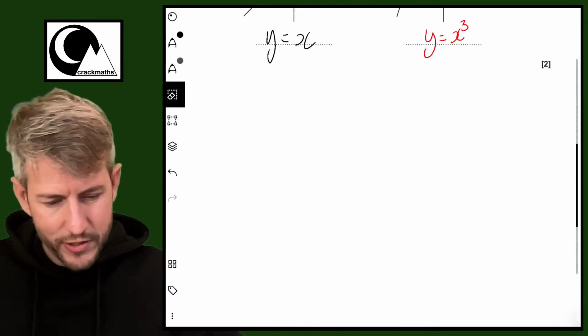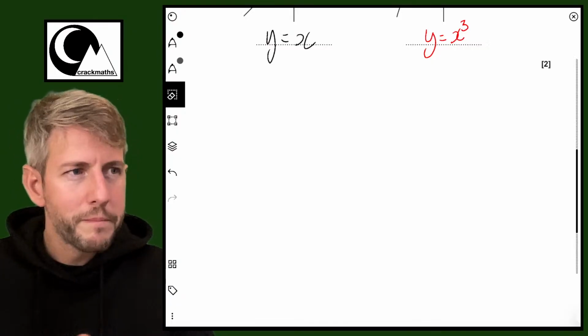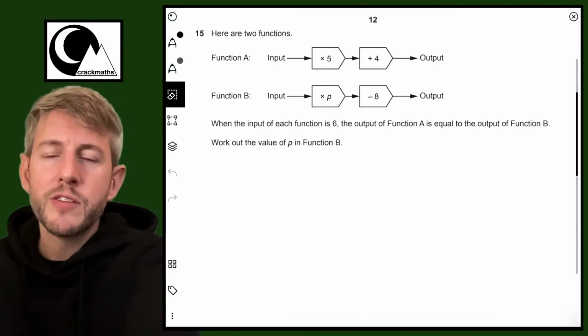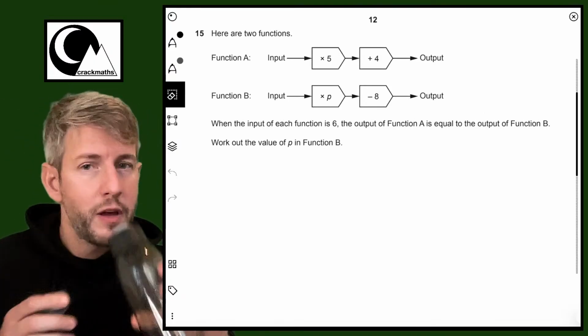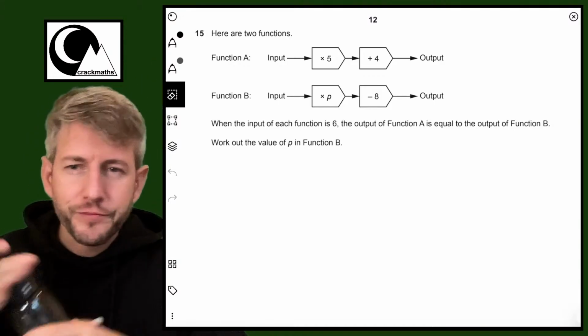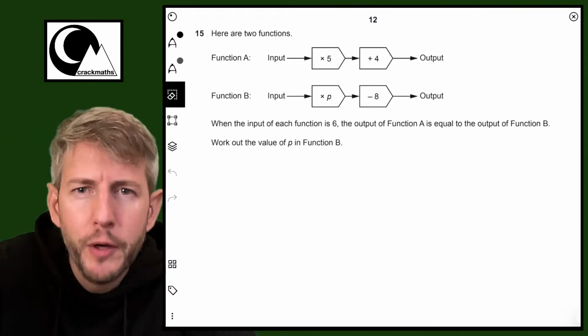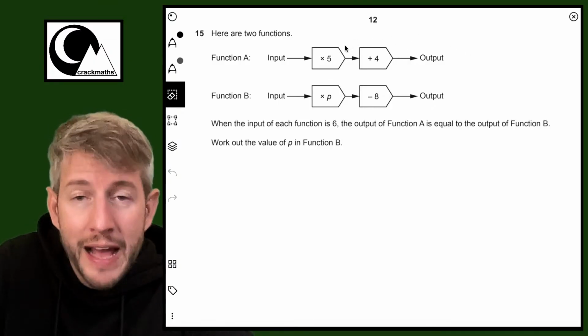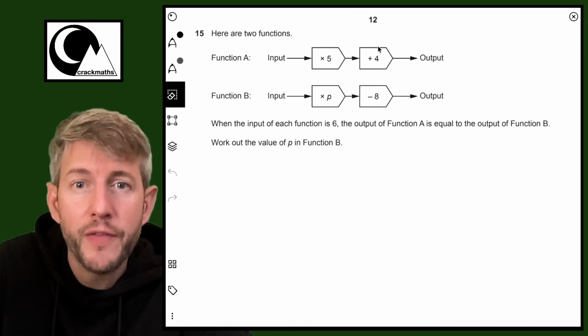So that's there. Is there anything else on this page? No. Okay, right. Question 12. Here are 2 function machines. Well, 2 functions. Function A has an input, and we times the input by 5 and add 4.